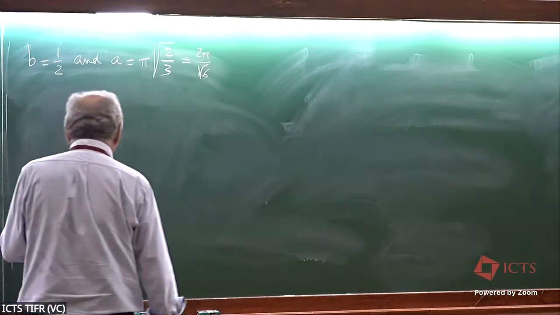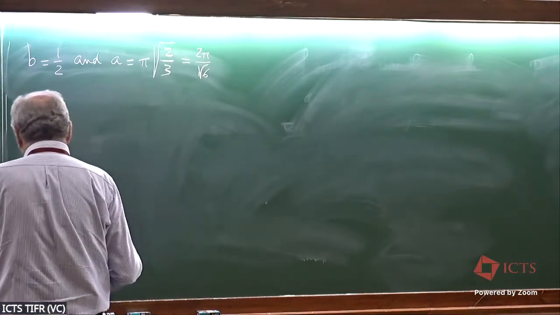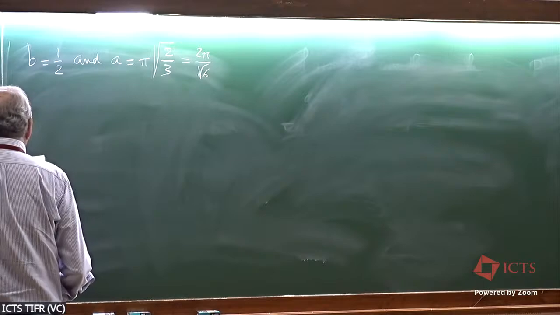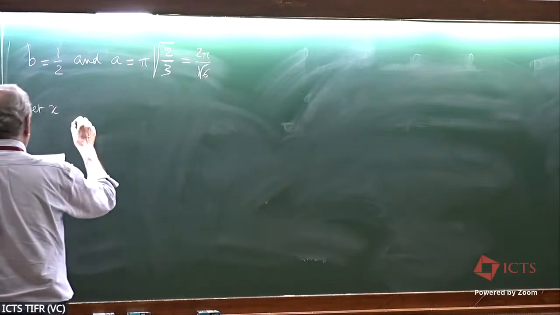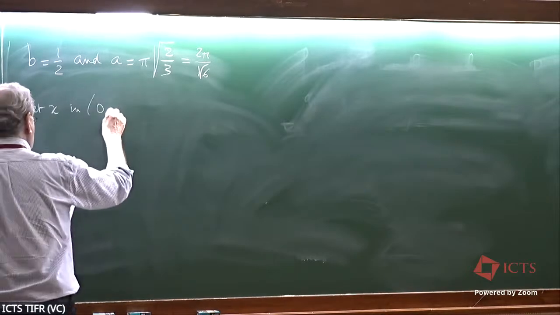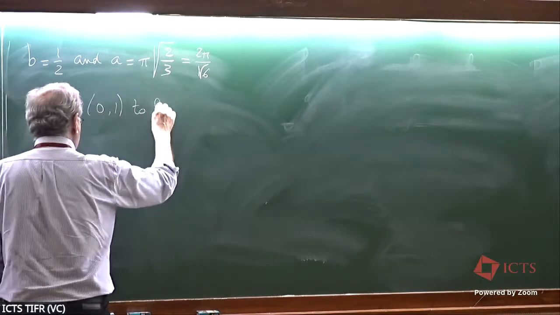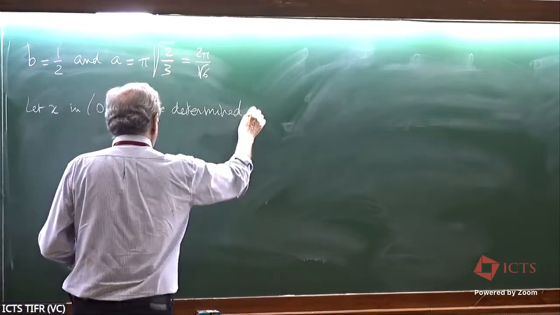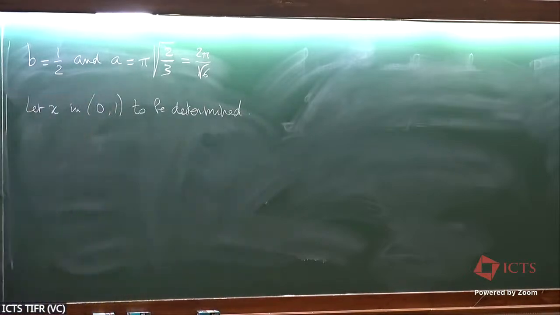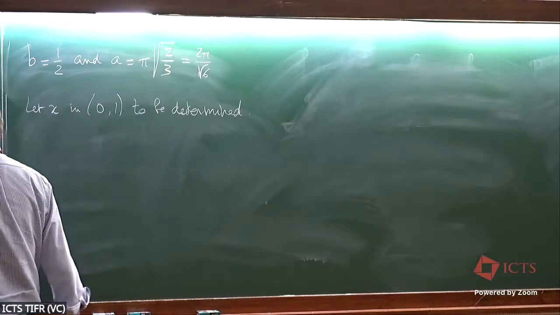So it's important that I tell you. Let x, we have to determine it before, in (0, 1), to be determined. This will be the x which is here and the x which is here.